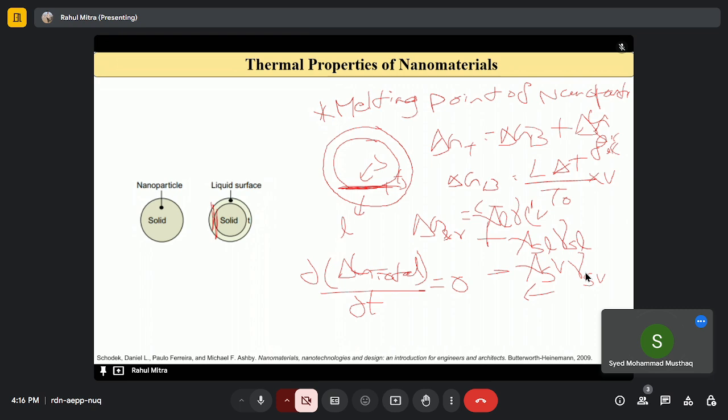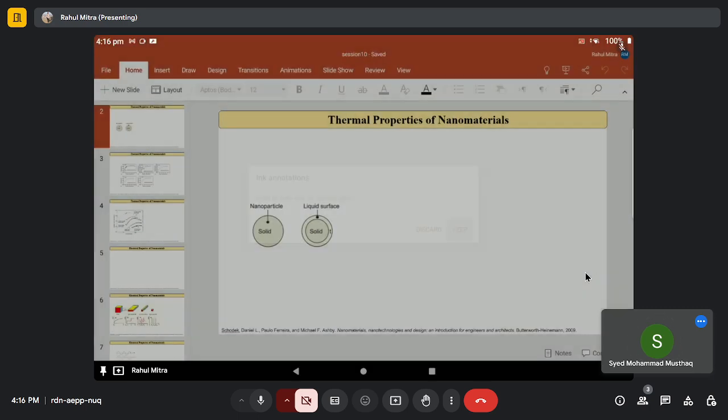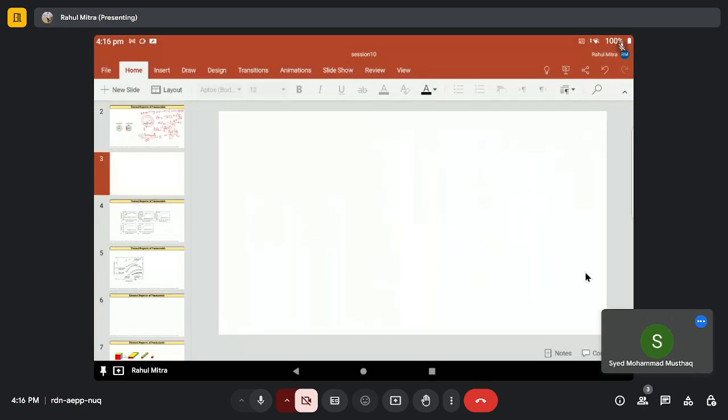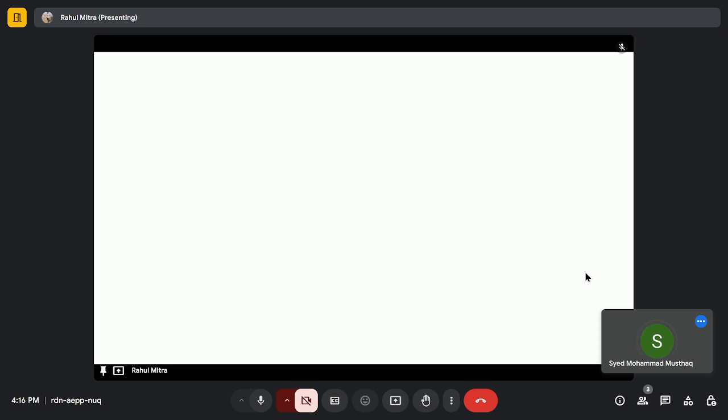Now let me add one more slide. So let's take, as we are talking about a sphere, that will turn out to be L naught (T naught minus T) divided by T naught equals 2 gamma_SL divided by (R minus T).